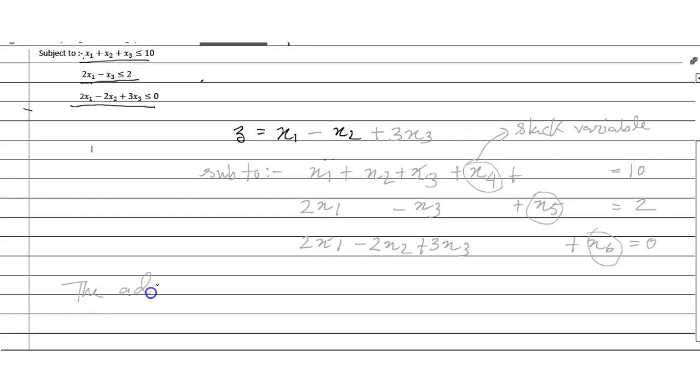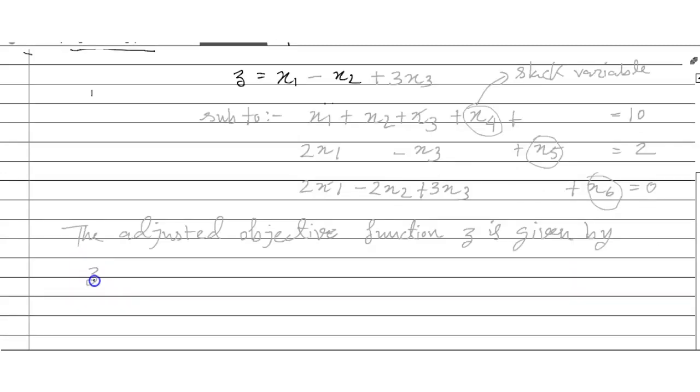The adjusted objective function z is given by z equals x1 minus x2 plus 3x3 plus 0x4 plus 0x5 plus 0x6.